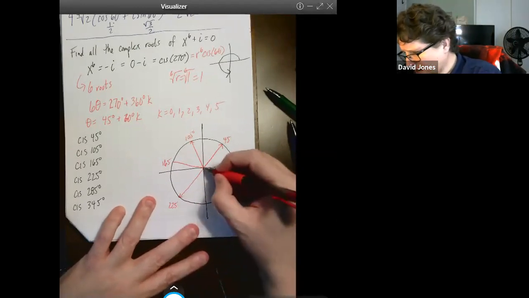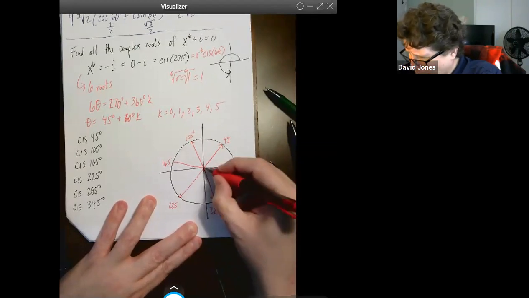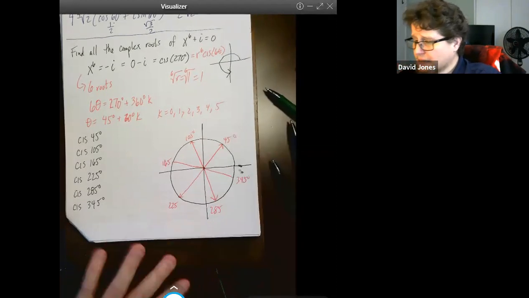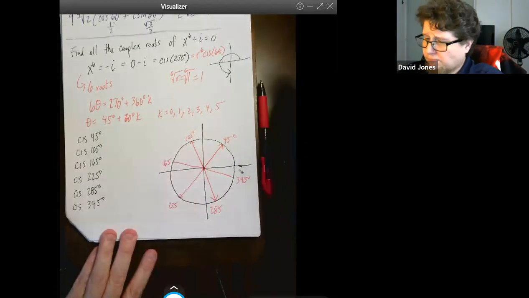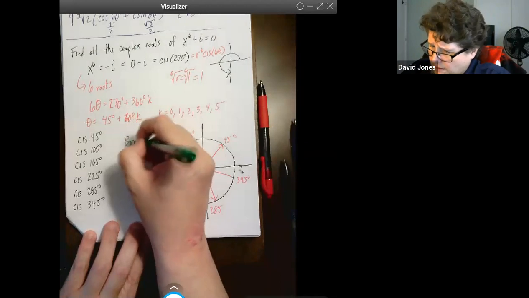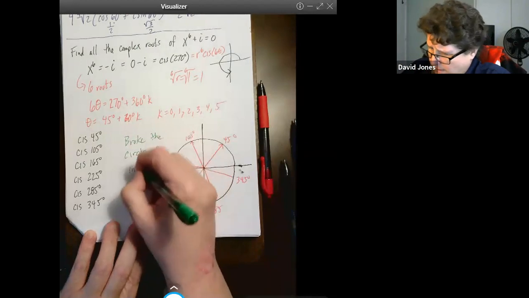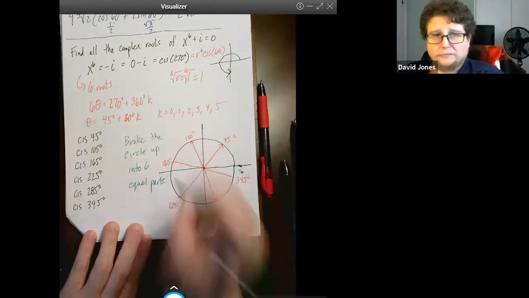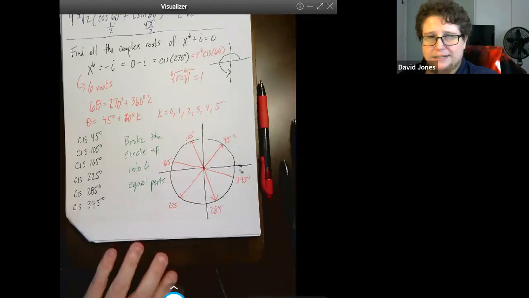Then we got 285, which is exactly straight across this one. And 345 is exactly straight across that one. It broke the circle up into 6 parts. The tips of the arrows are all exactly the same distance from each other. That's kind of neat.